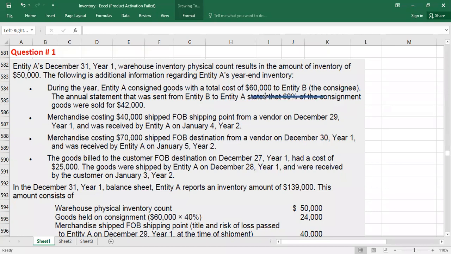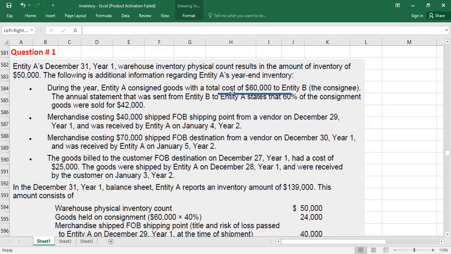Then they're telling you the entity B, the consignee, the annual statement that was sent from entity B to entity A states that 60% of the consignment goods were sold for $42,000. So this is the sale price, but you don't need to consider the sale price. You need to consider only the cost, and the cost is 60,000.